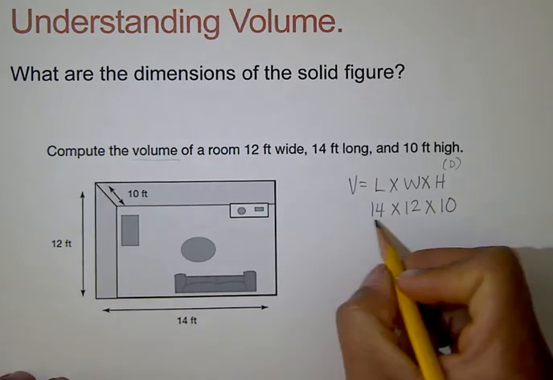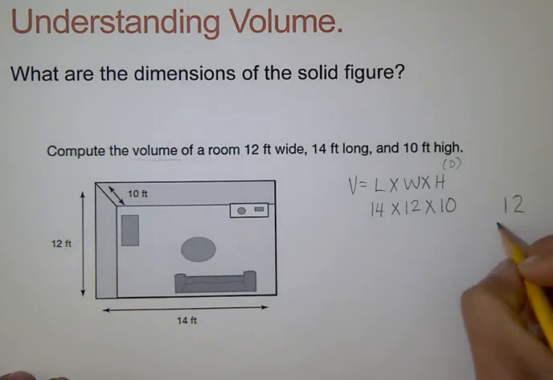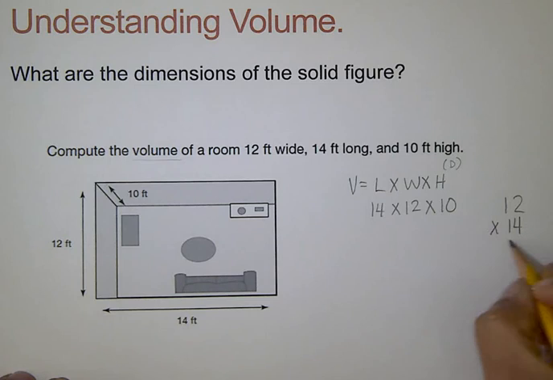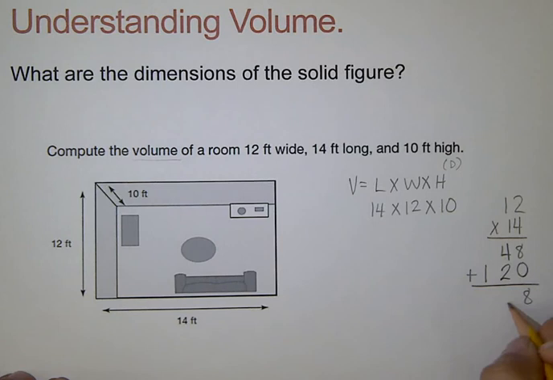So I'm going to do 12 times 14. 4 times 2 is 8, and 1 times 4 is 4. Put down my 0. 1 times 2 is 2, and 1 times 1 is 1. And now I'm going to add 8, 6, and 1. Am I done yet? Nope, I have to multiply times 10.